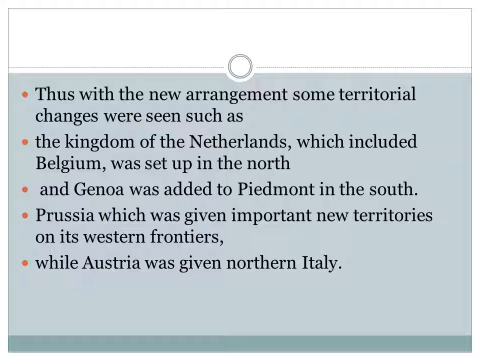Thus, with the new arrangement, some territorial changes were seen. The Kingdom of the Netherlands, which included Belgium, was set up in the north, and Genoa was added to Piedmont in the south. Prussia was given some important new territories on its western frontiers, while Austria was given northern Italy.